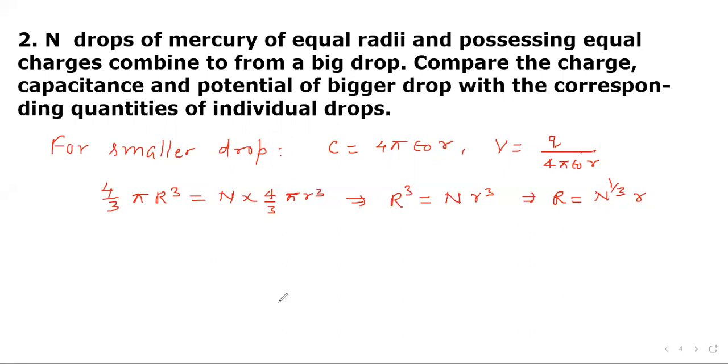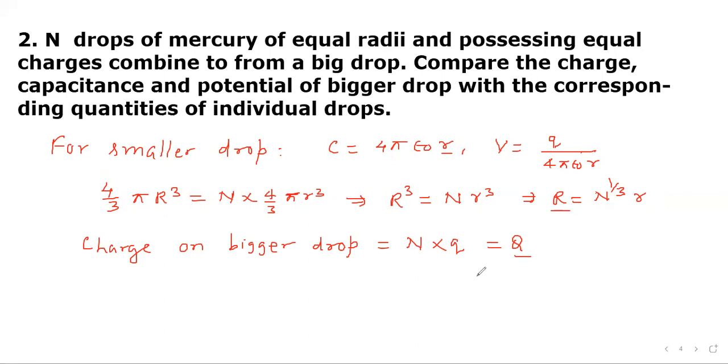Now, charge on bigger drop will be capital N times small q, which is equal to capital Q. So charge on bigger drop is taken as capital Q, and the charge on smaller drop is taken as small q. Radius of smaller drop is small r, whereas radius of bigger drop is capital R.